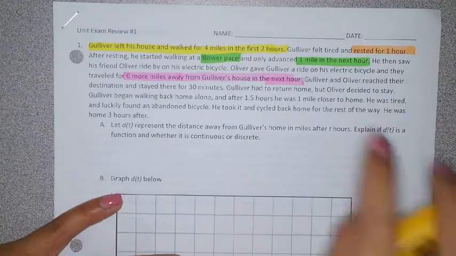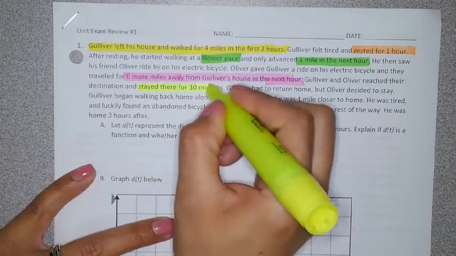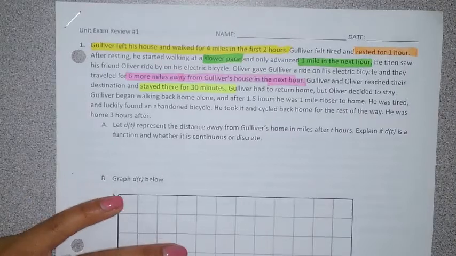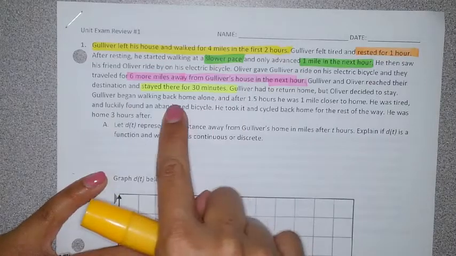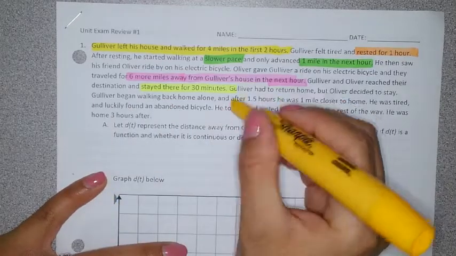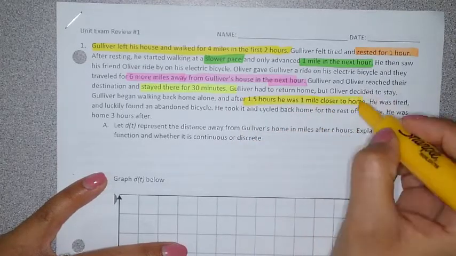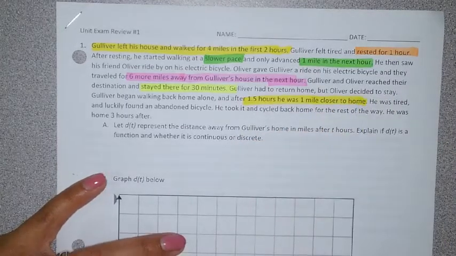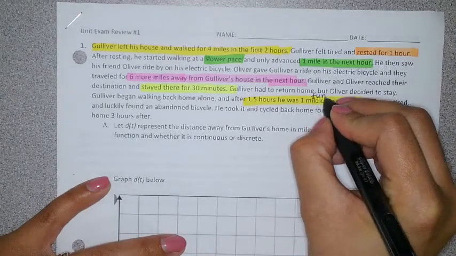And then it says that they stayed 30 minutes after they reached that destination. They didn't go anywhere. And then after that, he's walking back home alone, and after 1.5 hours, he was 1 mile closer to home. So now he's going back home, turning back.